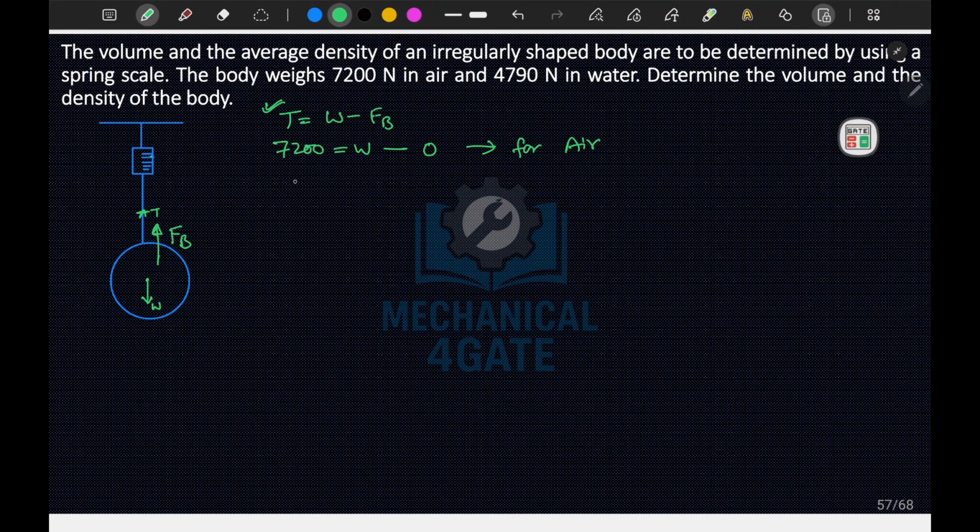And 4790 in case of water. So let's subtract both these.